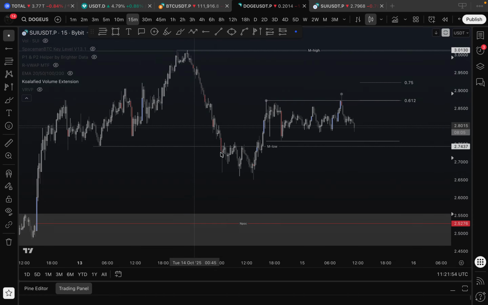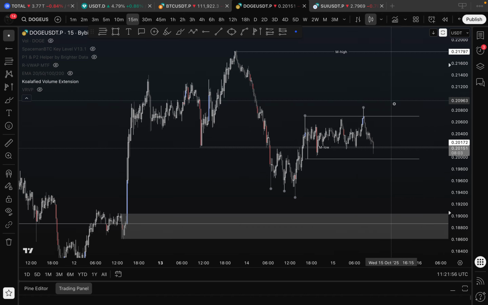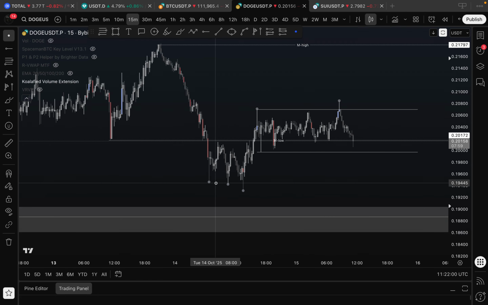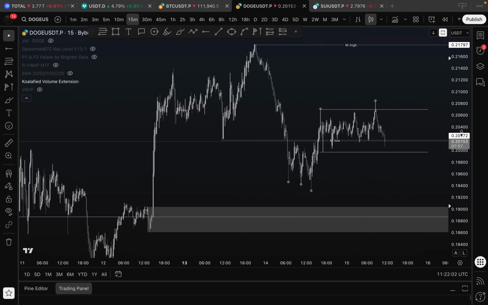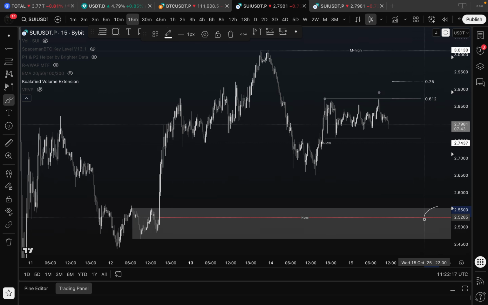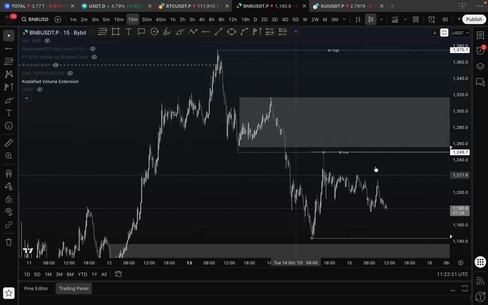On the other pairs, yeah, Doge similar, almost identical to SUI, which had a local accumulation, right now potentially distributing. And all these pairs have super interesting demand zones right here, which was that weekend bump away. So pretty sure sooner or later these levels are gonna be hit on the altcoins, same as SUI, around 2.55.